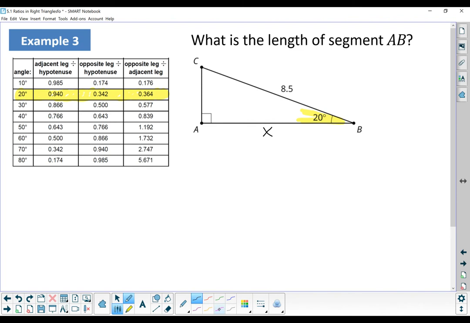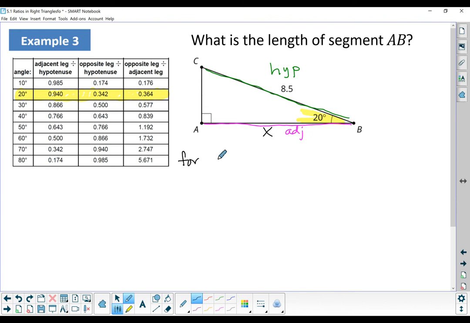The side that we know right here is the hypotenuse of the triangle, and the side that we want to know, X, or segment AB, is adjacent to the angle. So we're going to think about the adjacent divided by hypotenuse ratio.